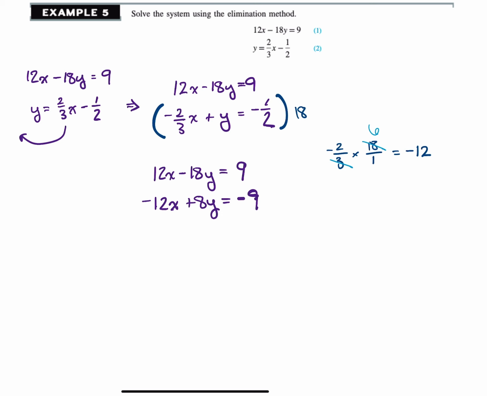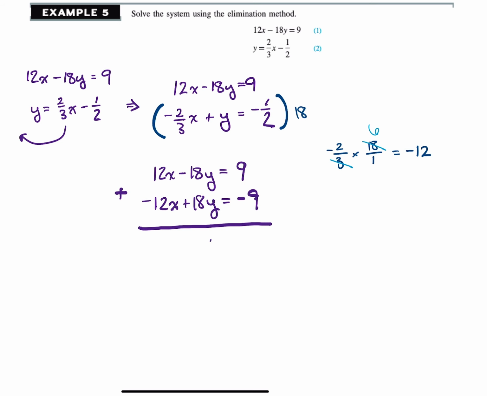So notice what happens here. Everything became the opposite of the first equation. So when we add this together, 12x minus 12x is 0, negative 18y plus 18y. Oh, this should be 18, not 8. Let's rewrite that. Plus 18y, that'll become 0.